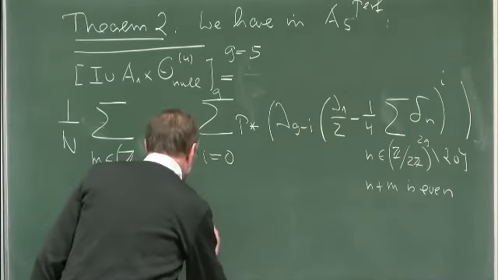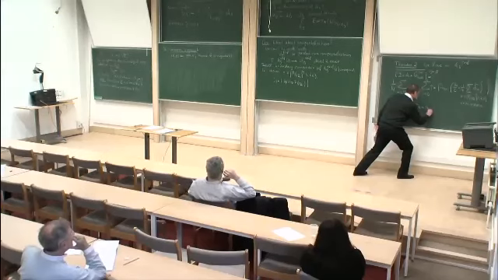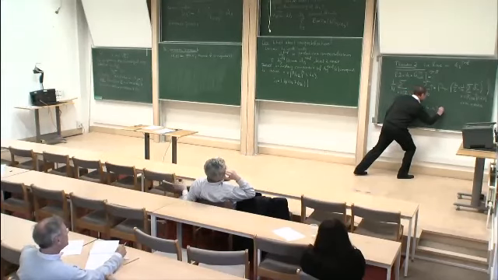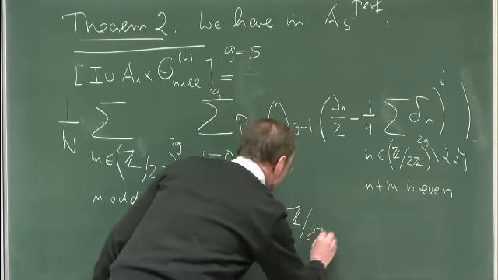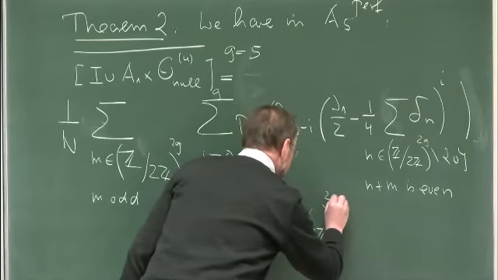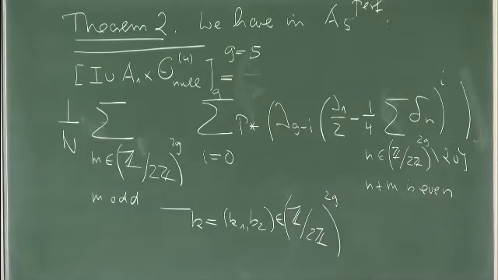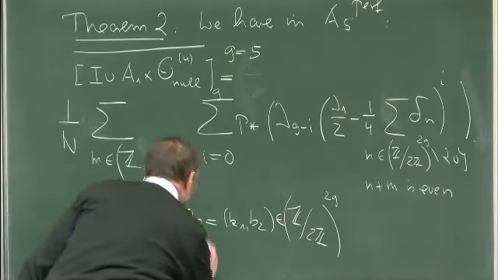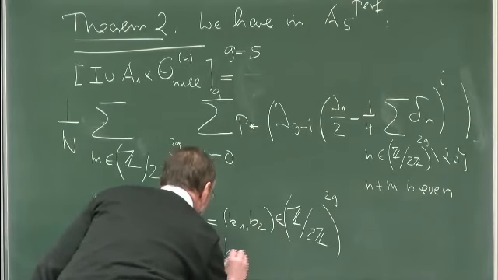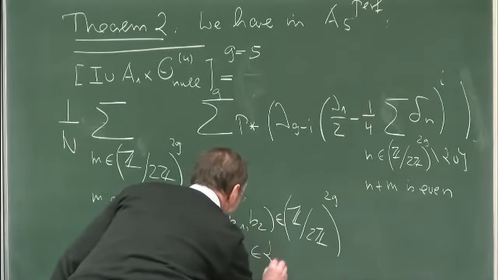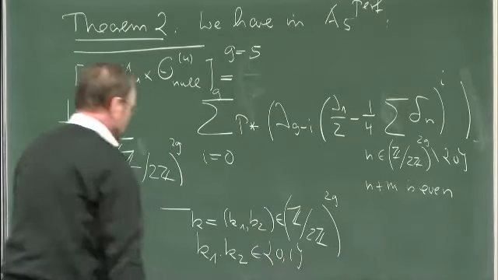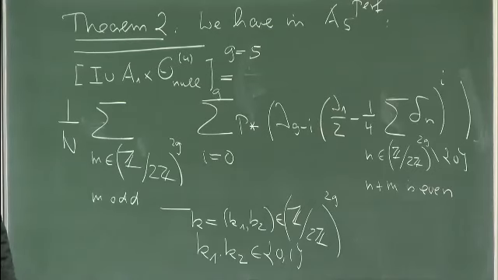Well, let me do it like this. Take any vector in here. Write it as k1, k2, and I can multiply k1, k2, and I can ask whether that's 0 or 1. Call that even and odd.